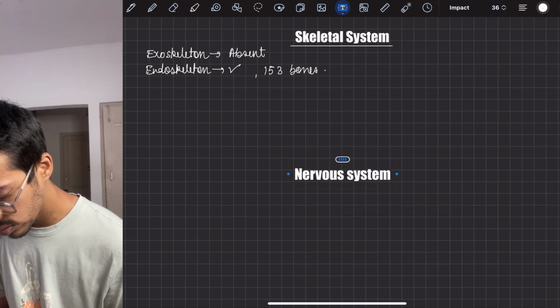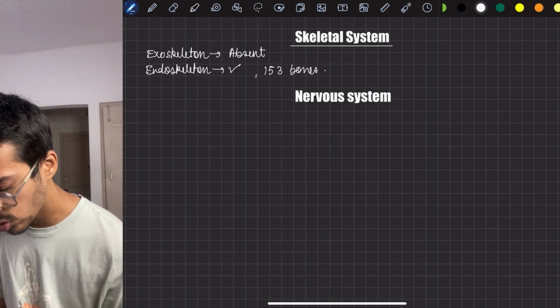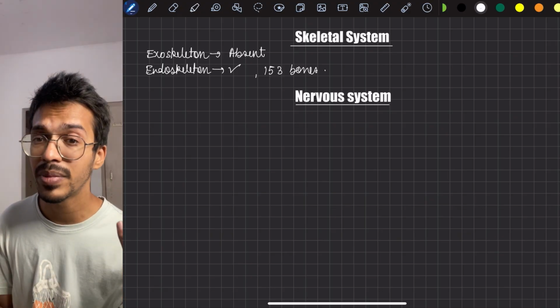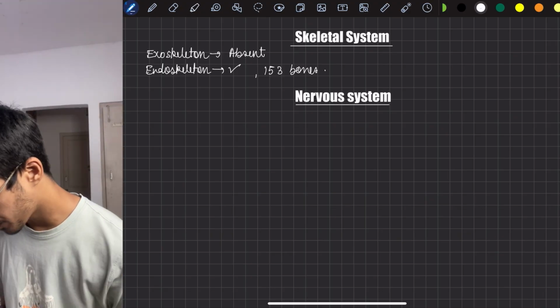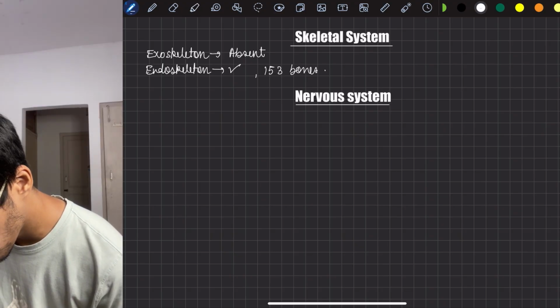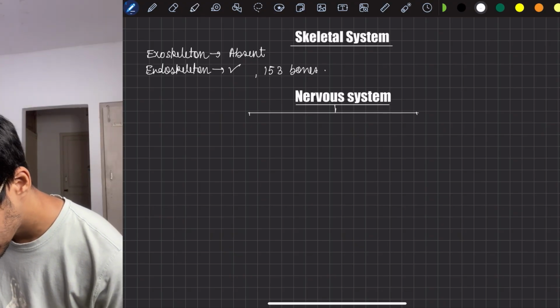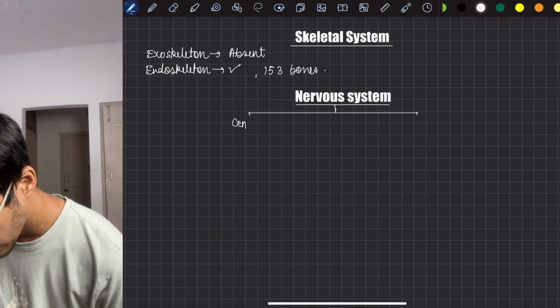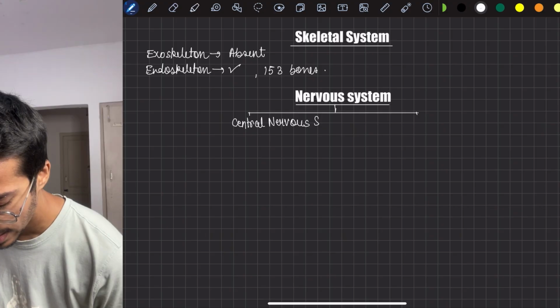Okay, moving on to the next thing, that is the nervous system. We have to remember that it has the central nervous system and the peripheral nervous system. So the nervous system is divided into two major categories.